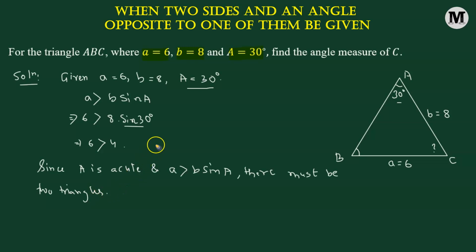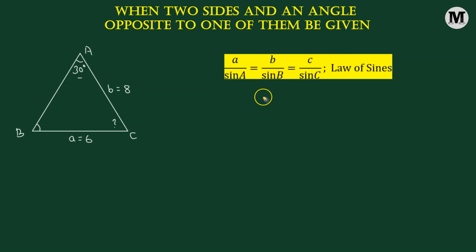Now let's try to figure out the 2 triangles, which is going to help us obtain the value of angle C. Here we're going to use the law of sines. The law of sines gives us the ratio of the side a to the sine of the angle opposite to side a, which is angle A, equals the ratio of the side b to the sine of angle B, equals the ratio of the third side c to the sine of angle C. This is the law of sines.